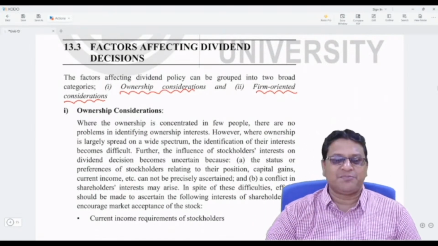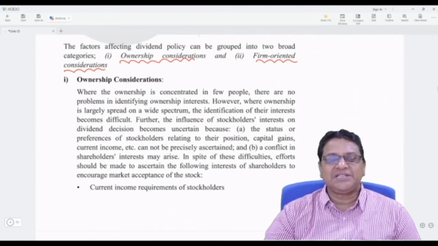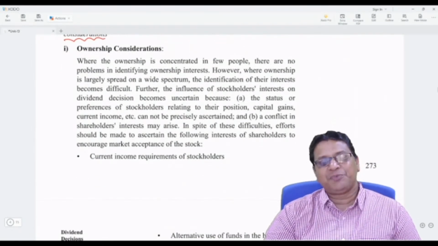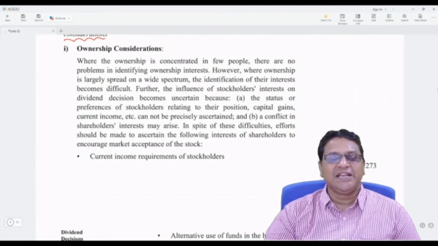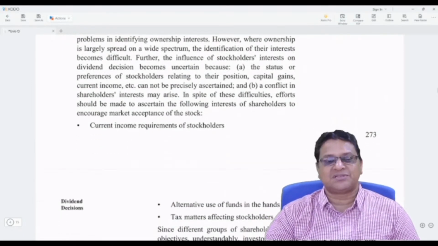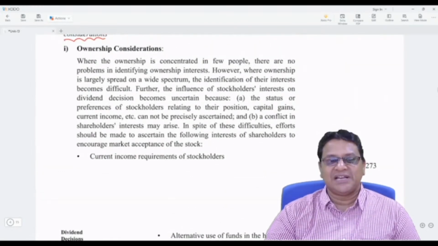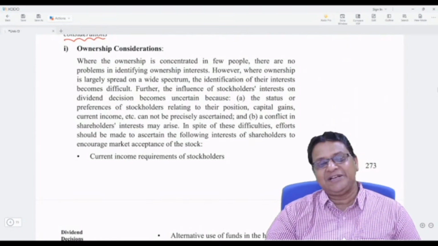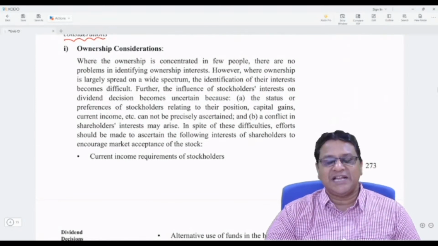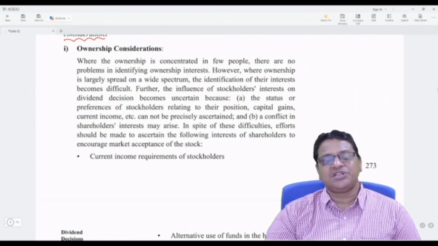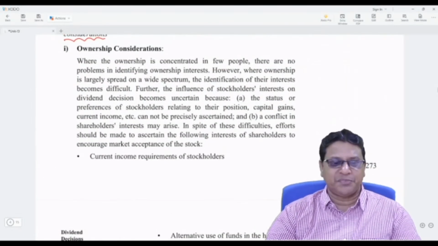So what are ownership oriented considerations? These are the factors which must be considered before paying dividends which are related to owners. Owners means shareholders. So the factors which are related to the shareholders of the company which must be taken into consideration before designing the dividend policy of a company are known as ownership consideration. What are the ownership considerations?